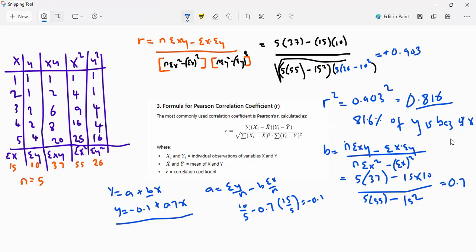Yes. Then we go to calculating the regression equation, a plus bx. To find that, we need to first find b. b is n times the summation of xy, minus the summation of x times the summation of y, over n times the summation of x squared, minus the summation of x to the power 2. So our n is 5. In short, we're just getting the entire part here and just this part for x.